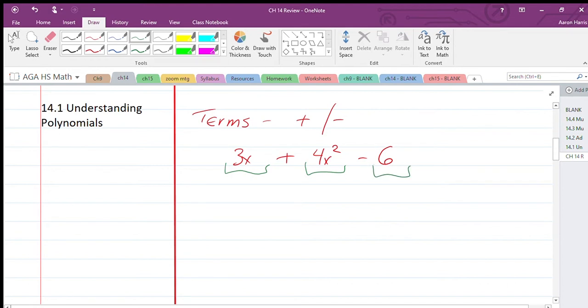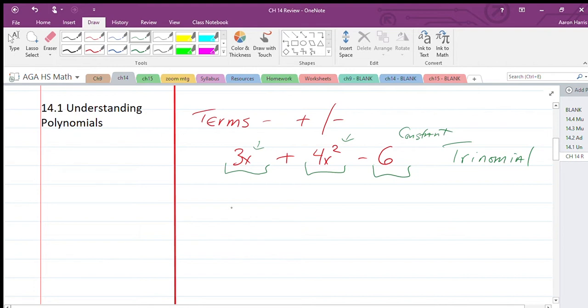So 3 terms is called what? Trinomial. Okay. Naturally, we would list it with the highest degree first, then the next degree, and then the constants are always what? Last.